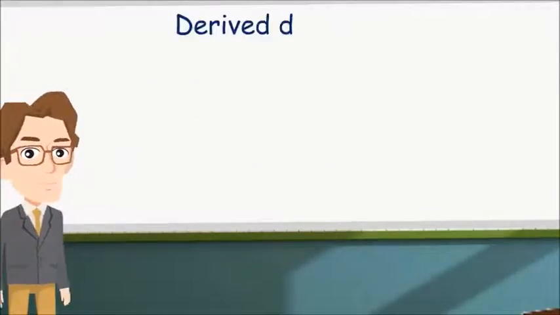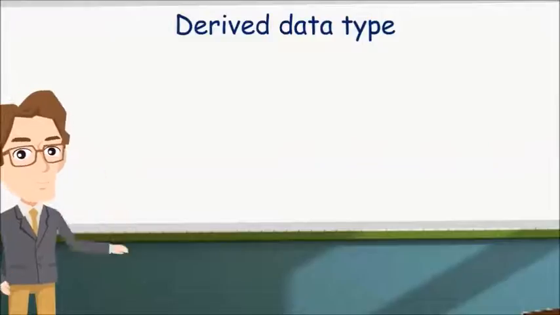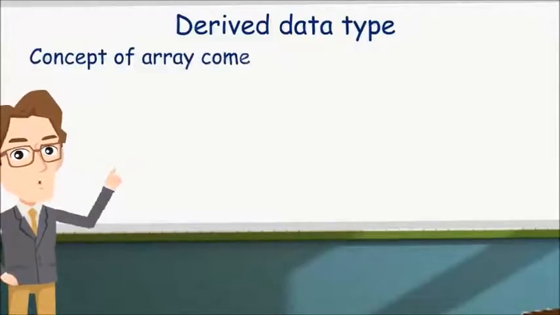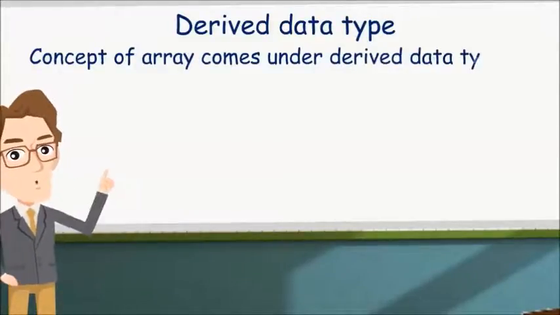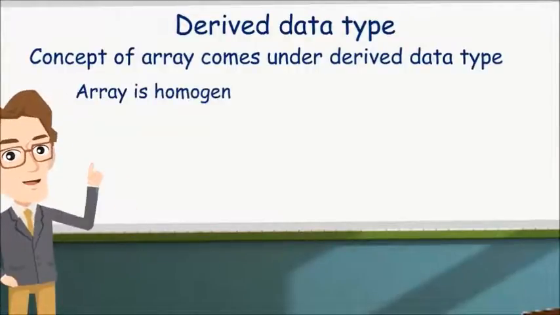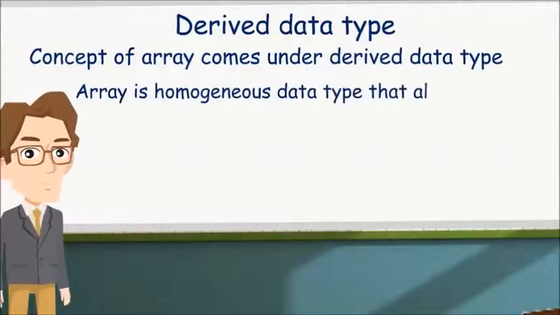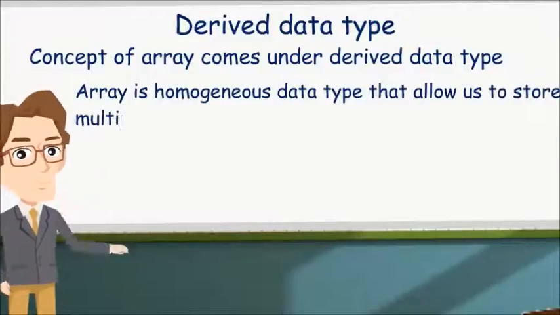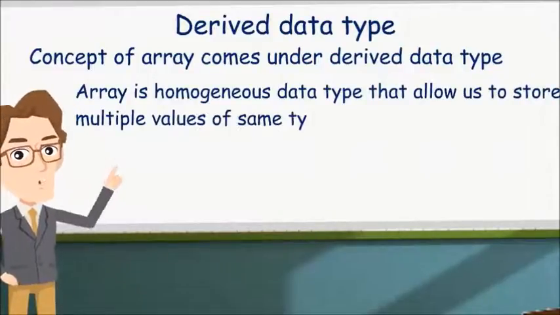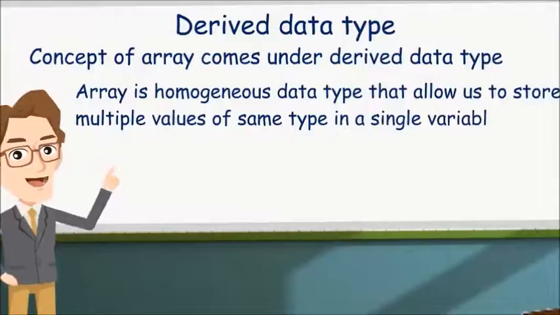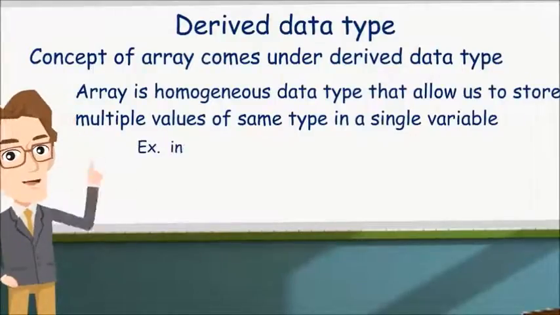Next type is derived data type. Derived data type, the concept of array comes under the derived data type. Array is a homogeneous data type that allows us to store multiple values of the same type in a single variable.